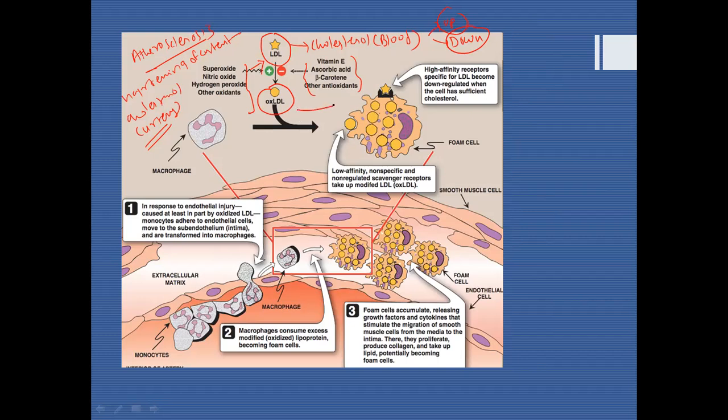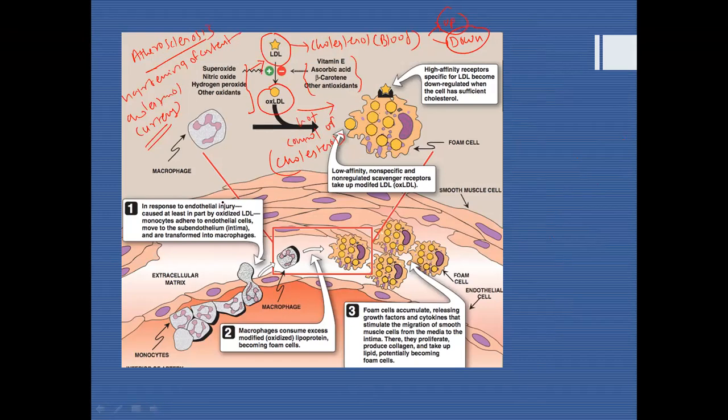Okay, so this oxidized LDL is not under the control of the cholesterol level of our body. They are not easily regulated depending on the cholesterol level. So here, what happens?